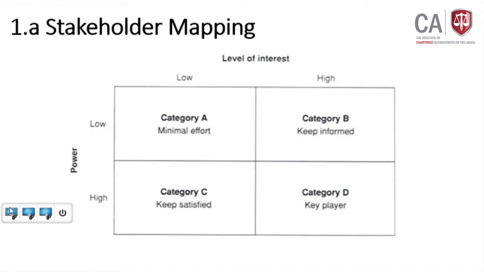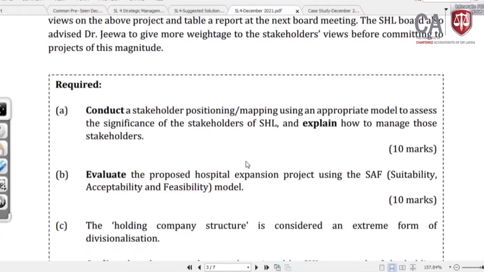In other words, we have to get the approval of this category D stakeholder group whenever we take some important decisions. Right. This is the theory aspect.